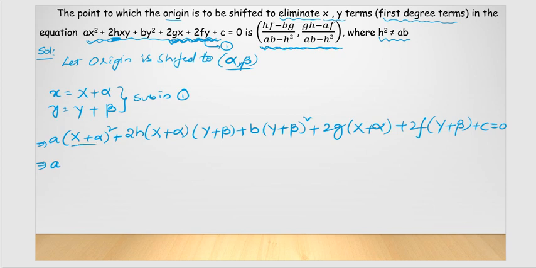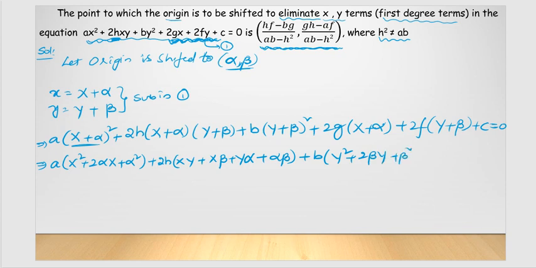So a times capital X square plus 2 alpha X plus alpha square, plus 2h times, when I multiply this, XY plus X beta plus Y alpha plus alpha beta, plus b times Y square plus 2 beta Y plus beta square, plus 2g capital X plus 2g alpha, plus 2f capital Y plus 2f beta, plus c is equal to 0, right?